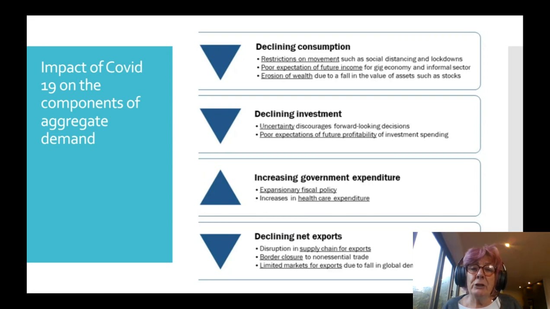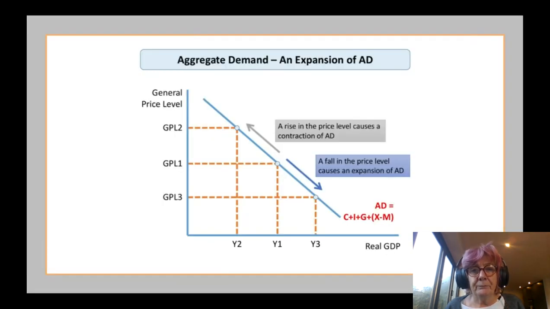So we have this situation with COVID-19 where the C of aggregate demand is falling, the I of aggregate demand is falling, the net trade is falling, and the only thing that's going up and keeping economies afloat in many cases is that increase in government expenditure.